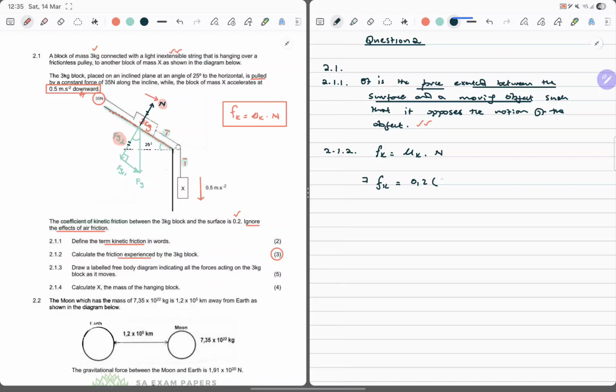Now the normal force here is the same as that perpendicular component. It's mg. This is going to be 3 times 9,8 times cos 25 degrees. Therefore, our Fk is what we get. Let's say 0,2 into 3 times 9,8 times the cos of 25.